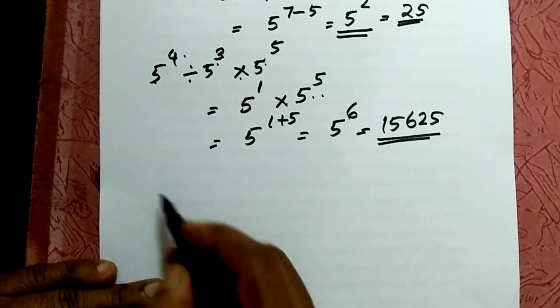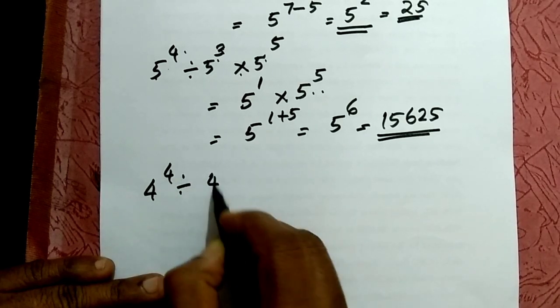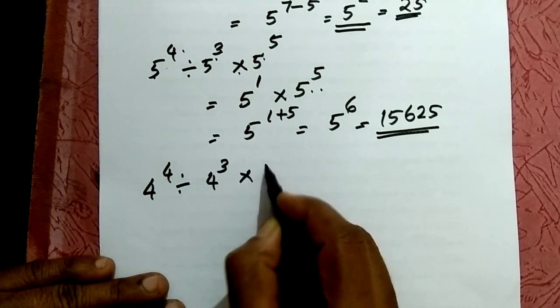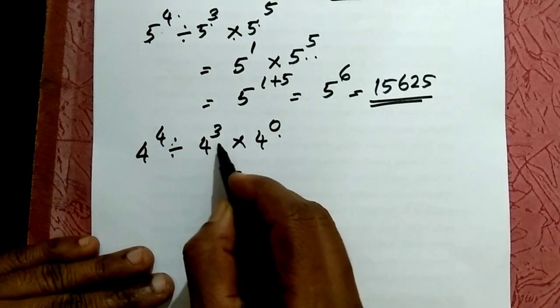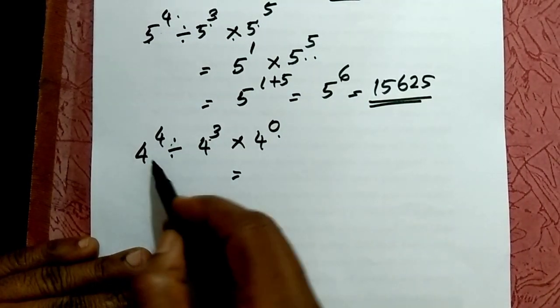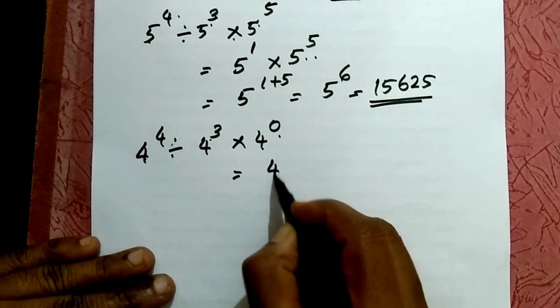Okay. Then next is 4 raised to 4 divided by 4 raised to 3 into 4 raised to 0. 4 raised to 4 divided by 4 raised to 3 is a raised to m divided by a raised to n, that is a raised to m minus n.